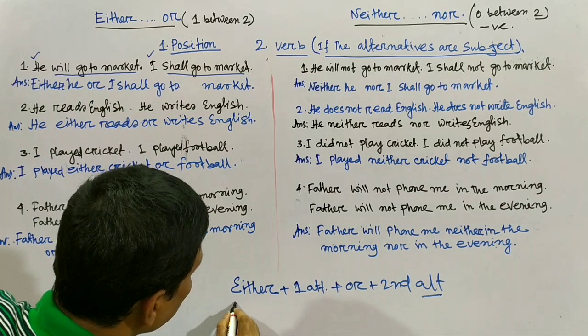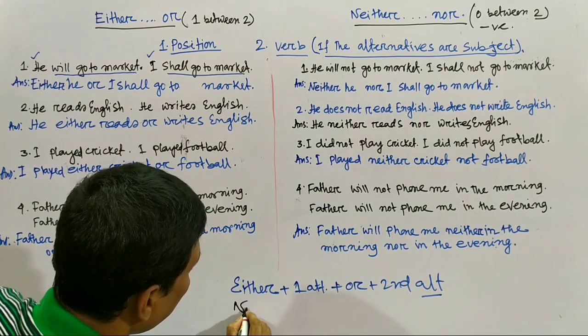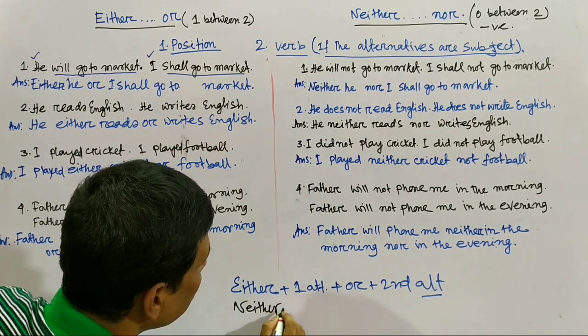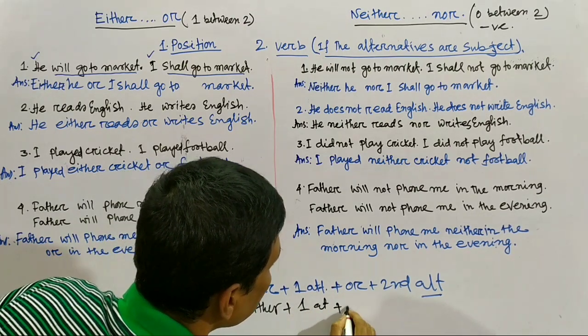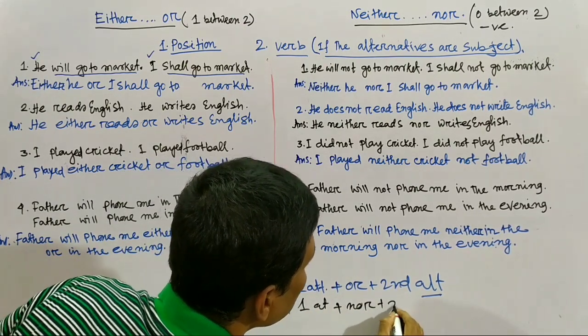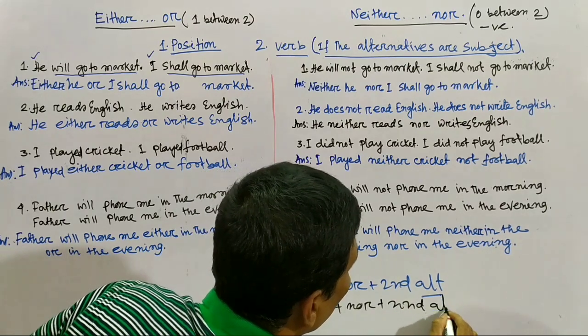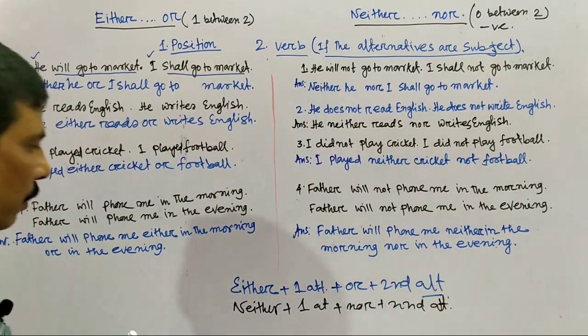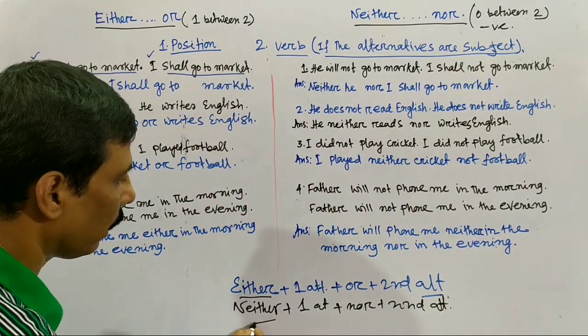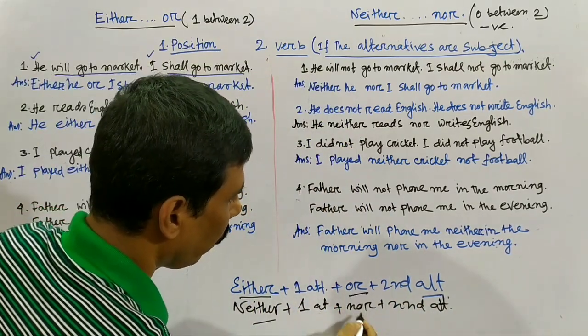ALT means alternative. In the case of neither, it will be the same: neither plus first alternative plus nor plus second alternative. This will be the form.